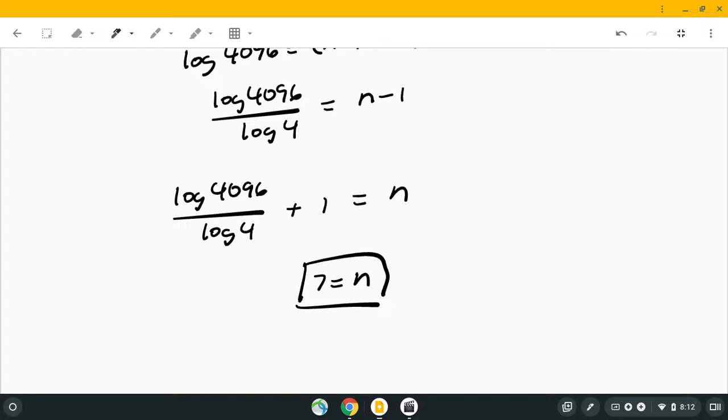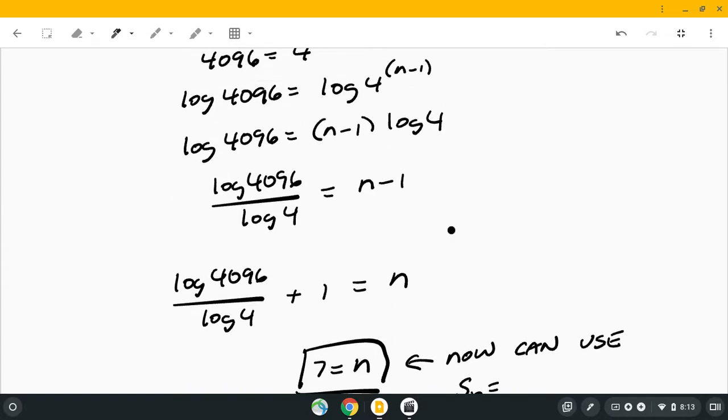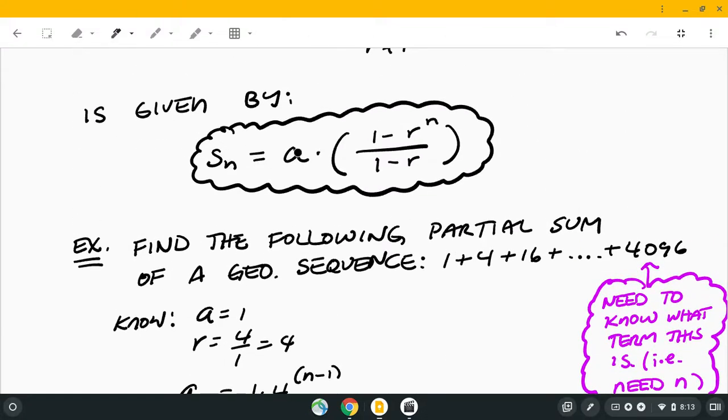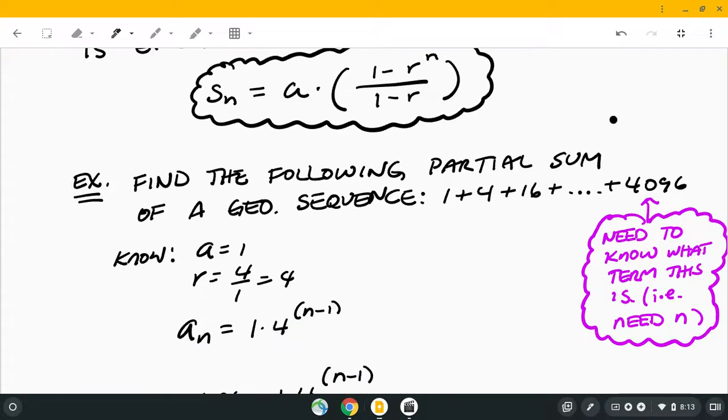So now I can use that Sn formula. Sn equals, let's go back and look at it. Sn equals your first term times all of this.